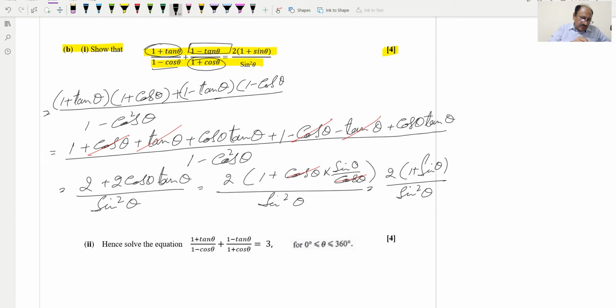So left hand side is equal to right hand side, and we have done this part.